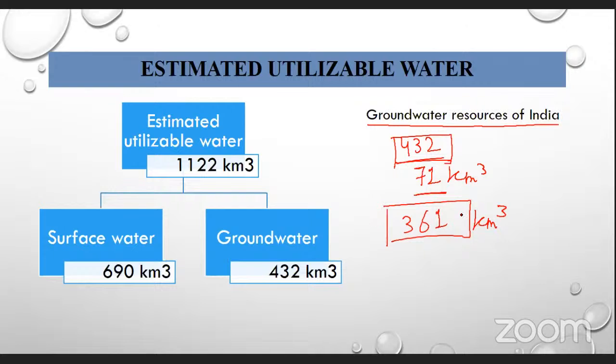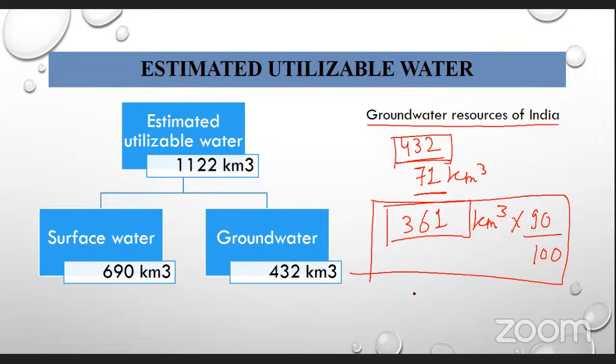But out of this 361 kilometer cube of water, we can use only 90% of it as groundwater. Okay, so if we calculate 90% of this 361, the answer will be 325. So this 325 will be your utilizable groundwater resources for irrigation. Means we can't use all these 361 kilometer cube, but only 90% of this.